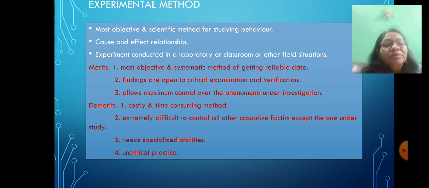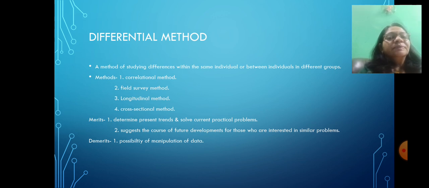It has demerits also: sometimes it becomes very costly and time consuming, it is not easy for all investigators because it needs specialized abilities, and sometimes it may lead to unethical practices.